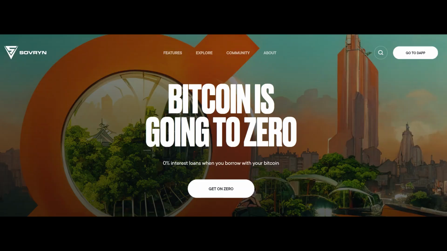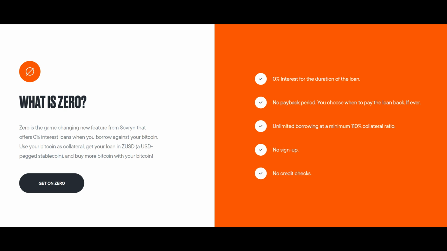But Zero is a decentralized protocol that allows you to borrow against your Bitcoin with 0% interest. So how this works, again, you've pegged into the system, so you have your RBTC, and then you are locking up your RBTC as collateral. This is an over-collateralized stablecoin, so you have to maintain a collateralization ratio of 110% in collateral to the loan amount that you are borrowing in the form of ZUSD.